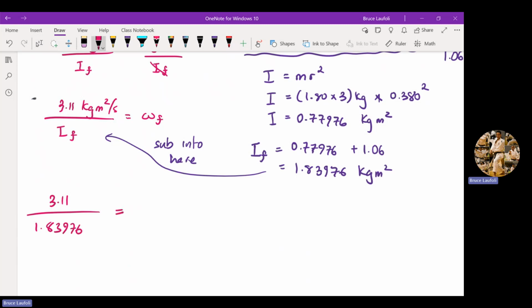That gets us 1.690437883, and that is equal to 1.69 radians per second, to 3 significant figures.